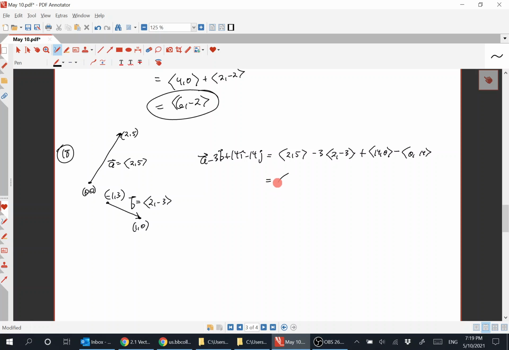So what is this vector? This vector has x coordinate 2 minus 6, that's minus 4, plus 14 is 10, minus 0. So I've got a 10 here. And then 5 plus 9 is 14, minus 14, so we've got 0. So the length of A minus 3B plus 14I minus 14J is equal to the length of that, which is just 10. All right, that's what the question is asking.